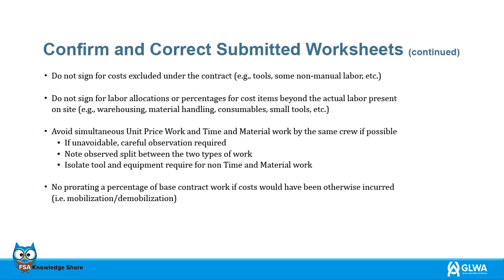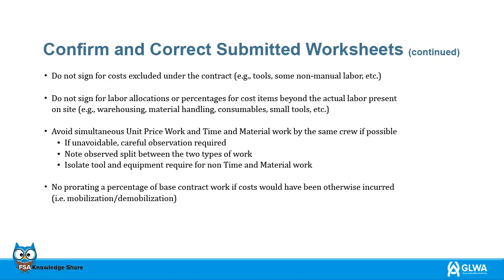Contract compliance is essential for all parties, and the project manager should be aware of the following. Costs excluded under the contract should not be signed for. For example, tools, some non-manual labor, etc. Labor allocations, or percentages for cost items beyond the actual labor present on site, should not be signed for. Avoid any concurrent unit price work and time and materials work by the same crew.